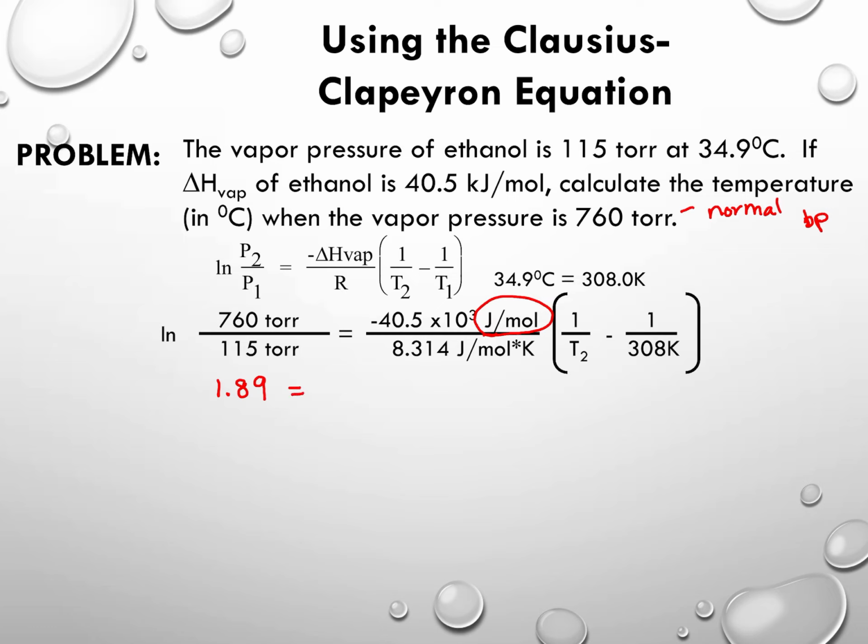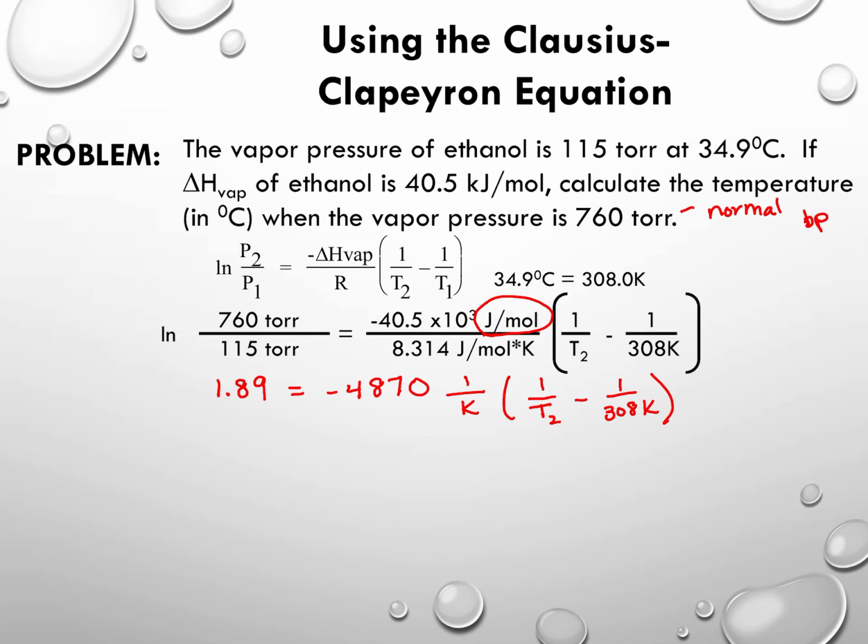If we do 760 over 115 and then take the natural log of that, we're going to get 1.89. And then that'll be equal to negative 4870 if we divide these up, and that's going to be units of 1 over Kelvin, which is fun. And then we have 1 over T2 minus 1 over 308 Kelvin.